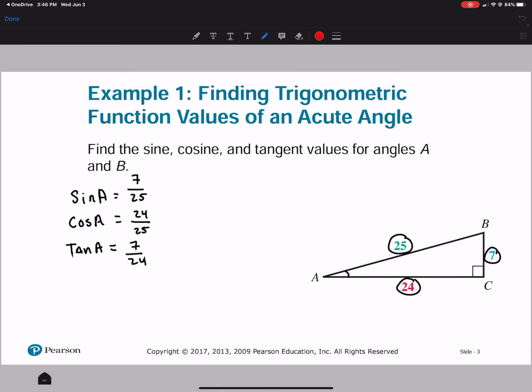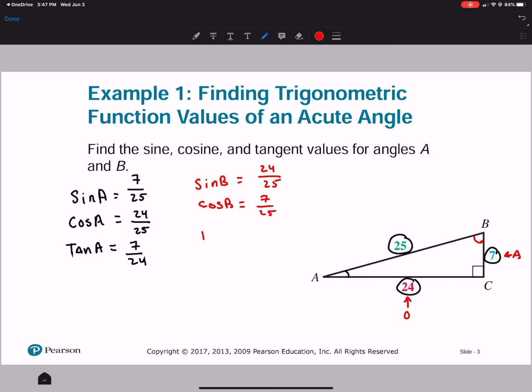So for my sine of B, I know that I'm looking at what? Instead of A, I'm looking at B, which is here. So my opposite changes to what? This is my opposite side, and this is my adjacent side now. So it'll be what? 24 over 25. And then cosine of B would be what? 7 over 25.